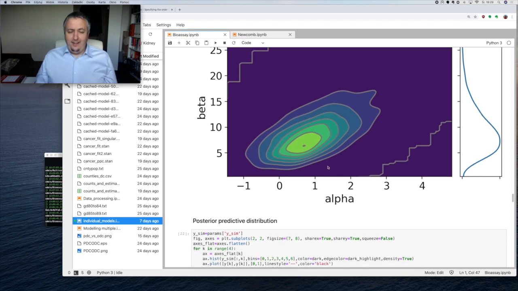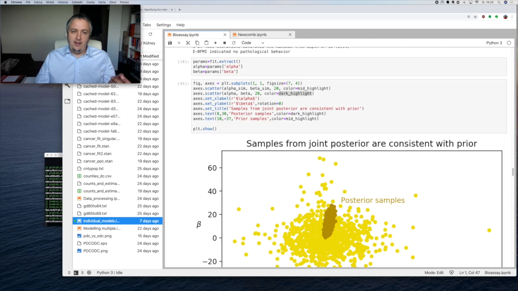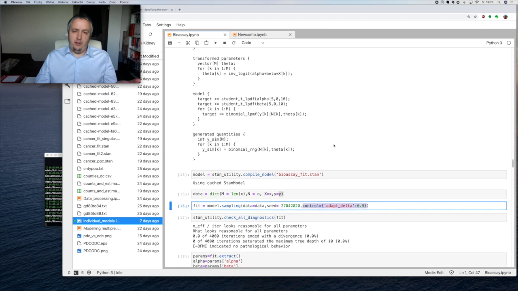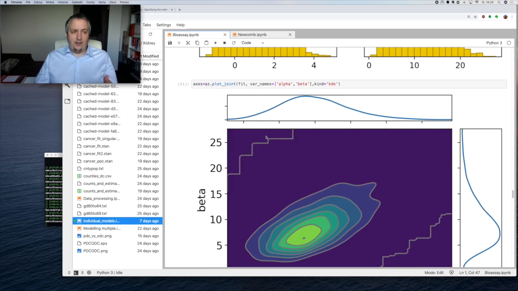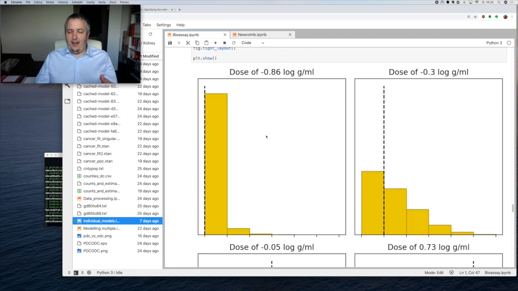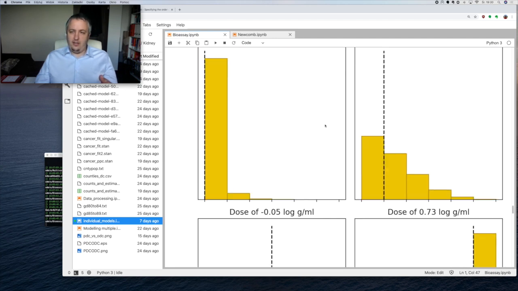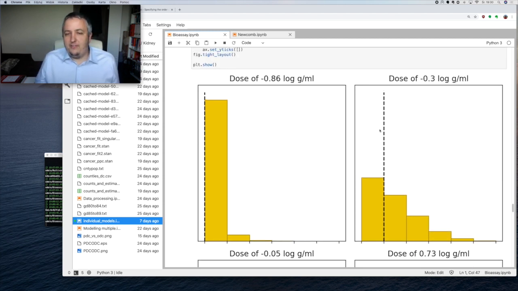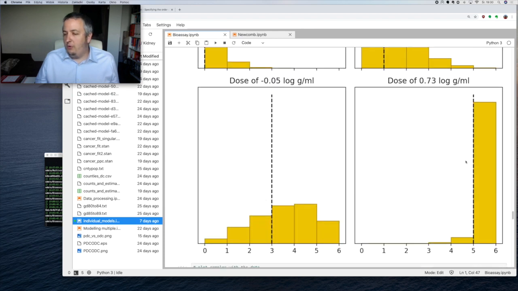So let's look at how our posterior generates predictions. As you've seen before, our standard model generated predictions of outputs, and let's see how these predictions of experiment results, which you can see here, correspond to the actual data we had. And the correspondence is very nice. For each of those doses, the percentages of deaths or numbers of deaths are very consistent with the original results.